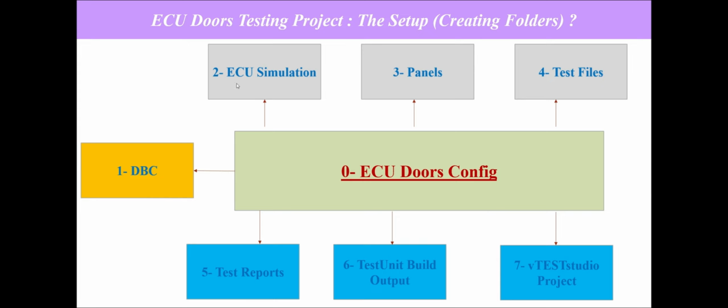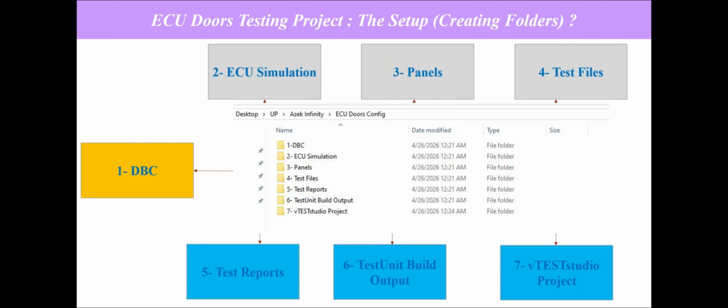So this is how we will organize our folders for the ECU doors testing project. This structured setup helps keep the testing project organized and makes it easier to maintain and scale. It's very important to have a good organization of your folders. It helps us to progress.